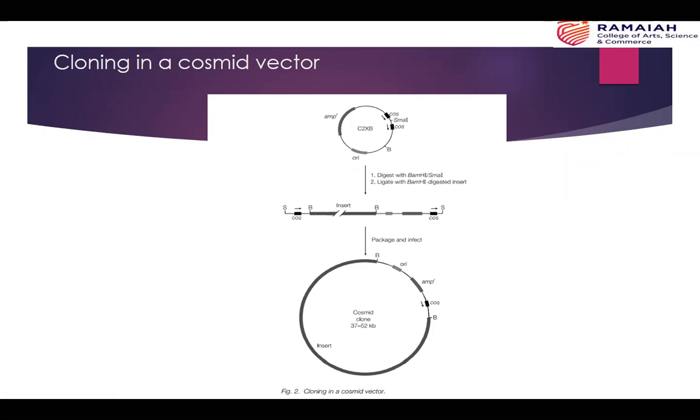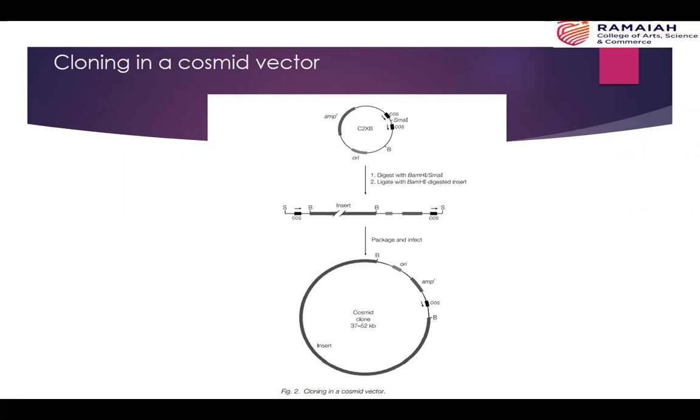The cosmid vector properties. Cosmid vectors had been developed in order to clone larger DNA fragments, especially when you want to analyze the genes and genomes of organisms containing a larger genome size, like eukaryotes. The smaller capacity of plasmid and bacteriophage vectors becomes problematic.